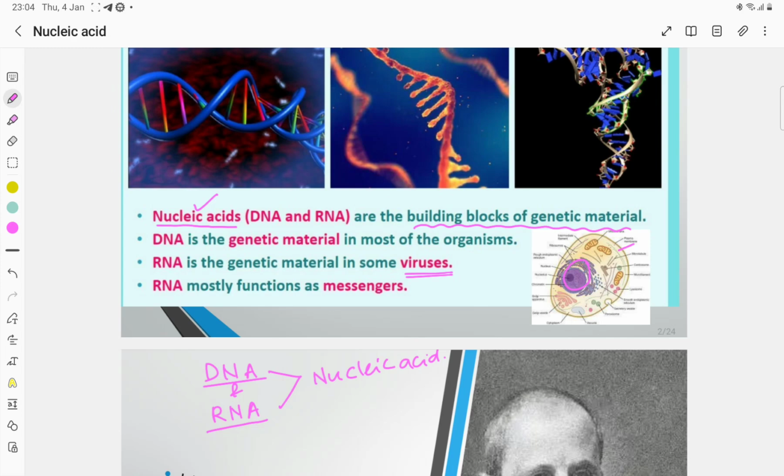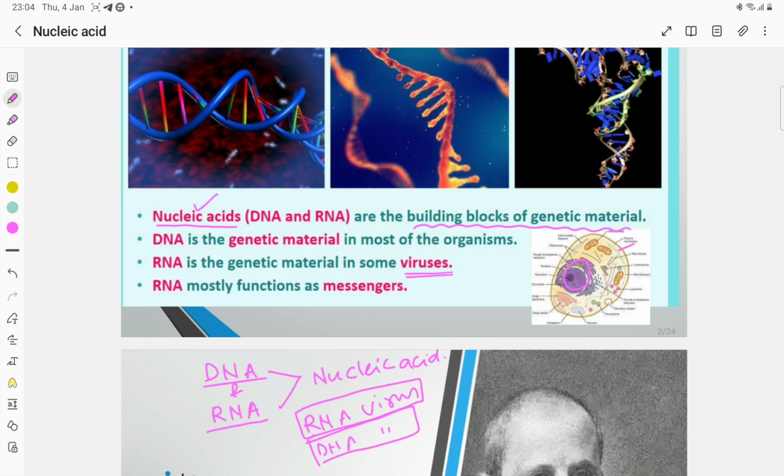On that basis, viruses are divided into categories like RNA virus and DNA virus. Clear? RNA virus means it contains only RNA. DNA virus contains only DNA. There is no presence of both DNA and RNA in a virus.